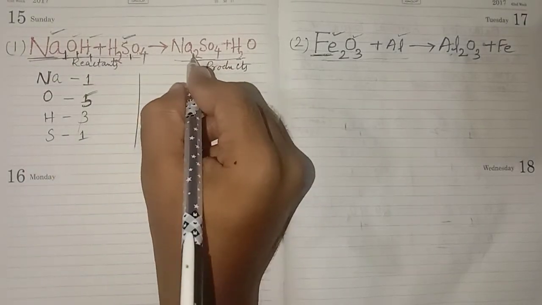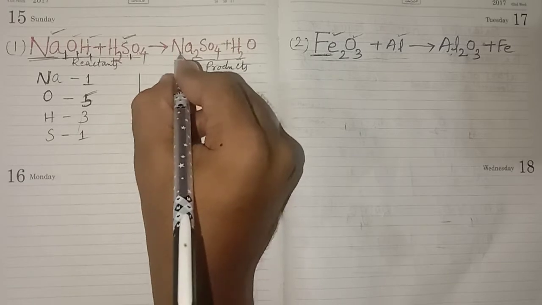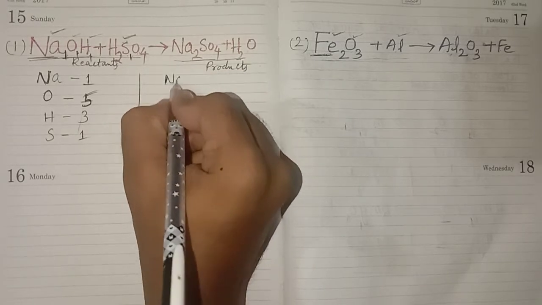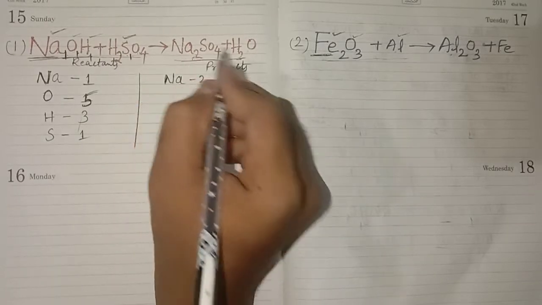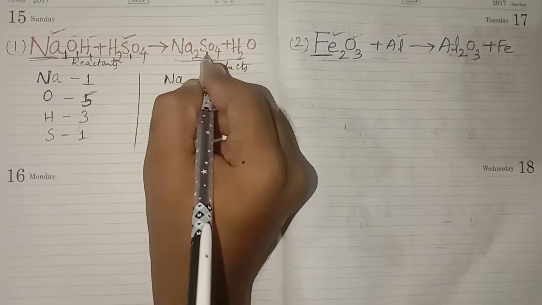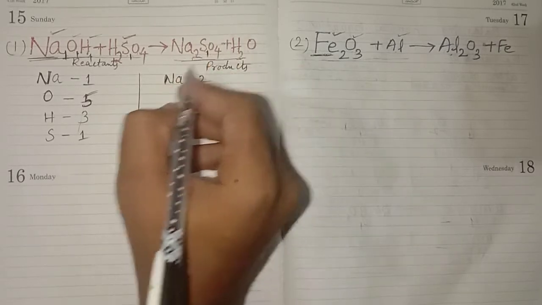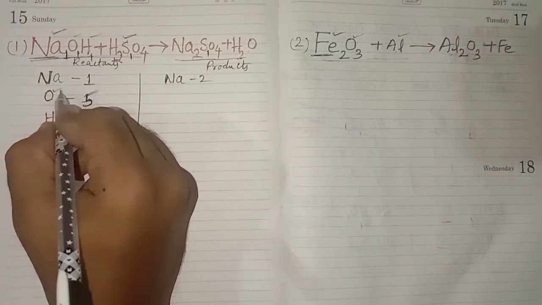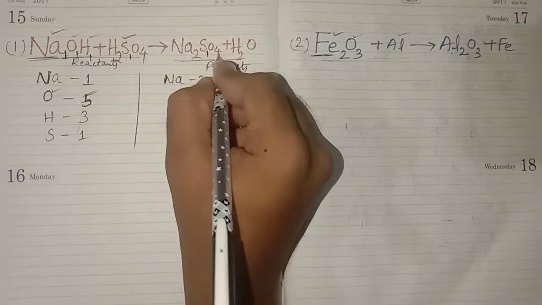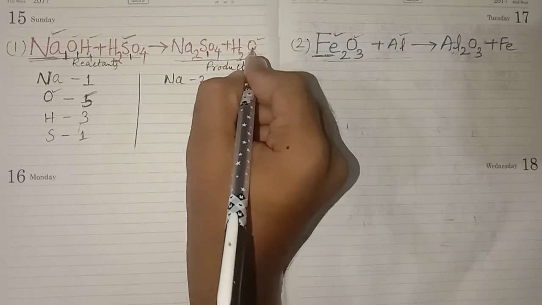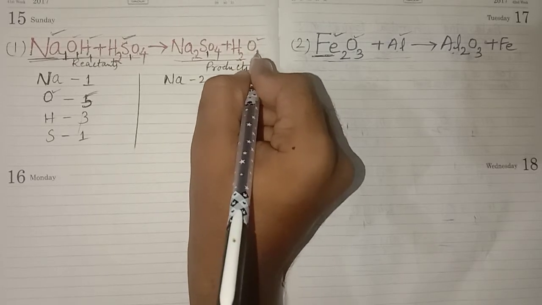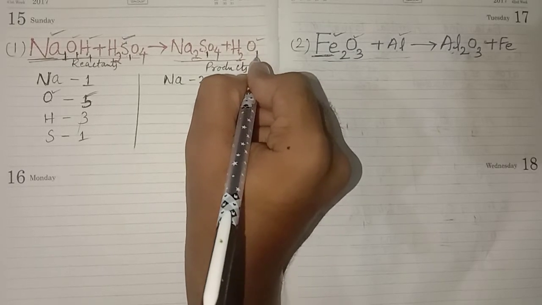Now consider the number of atoms at the product side. Sodium: 2 atoms at the right hand side. Sulfur: 1. Oxygen: 1 plus 4, because in this compound oxygen is also there. If there is no value, we consider 1.